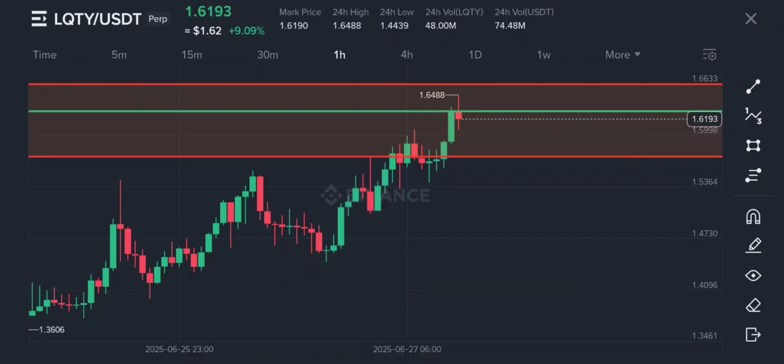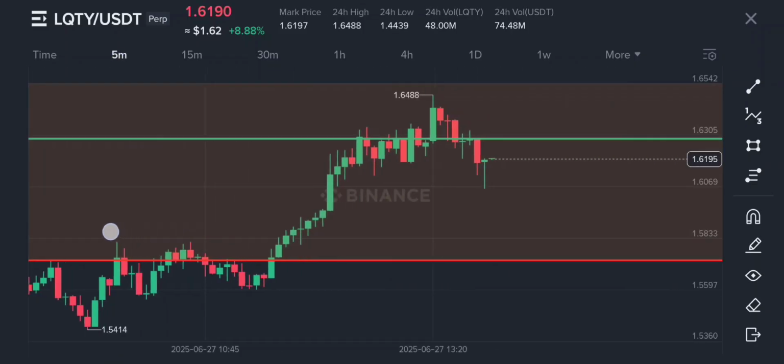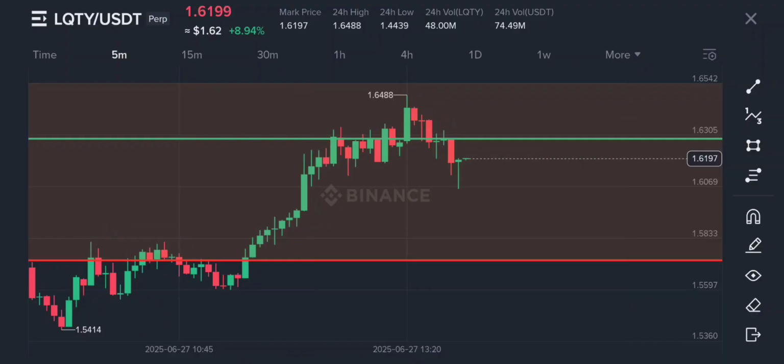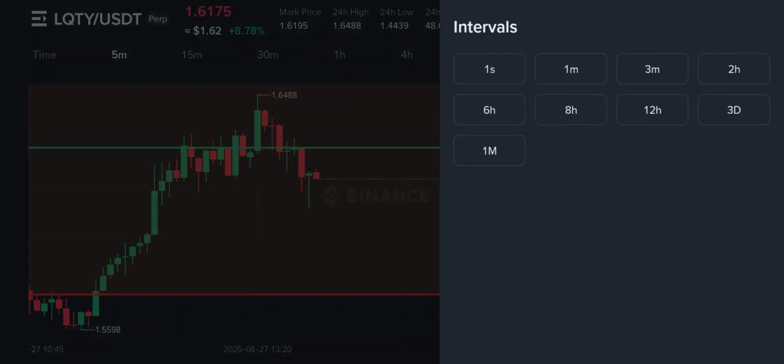And that might give you a perfect entry, like a sniper entry. Let me check 5 minutes. Yes, that will give you a perfect sniper entry on the 5 minutes. Sorry, let me check the 1 minute.